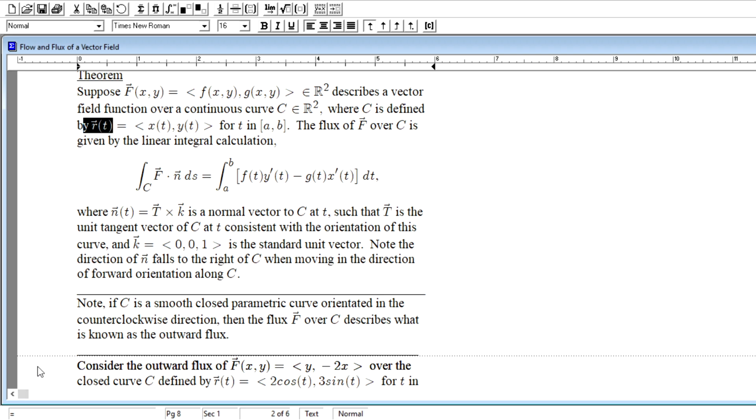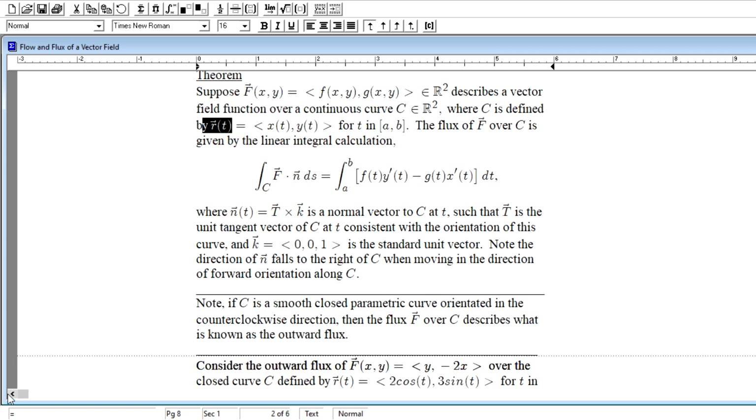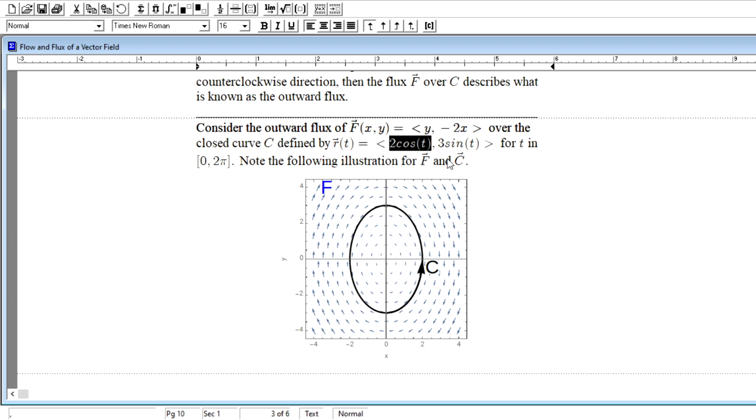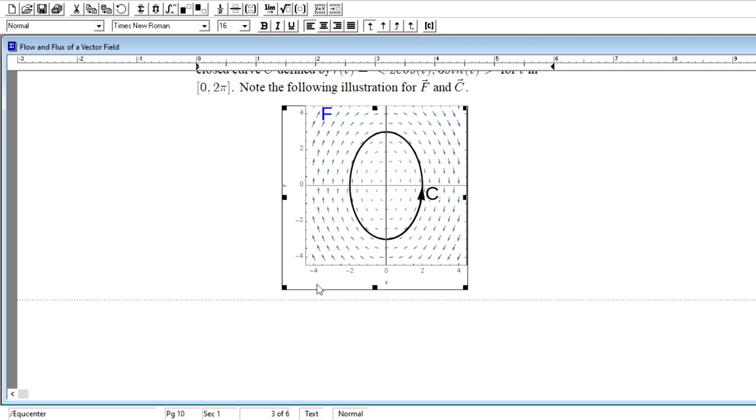Well, the first derivative of r of t, 2 cosine t, 3 sine t: the derivative of 2 cosine t is negative 2 sine t, and the derivative of 3 sine t is positive 3 cosine t. And we make note of all this below as we begin our calculation.